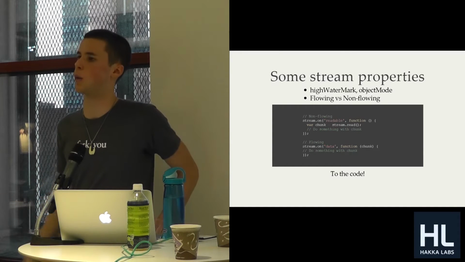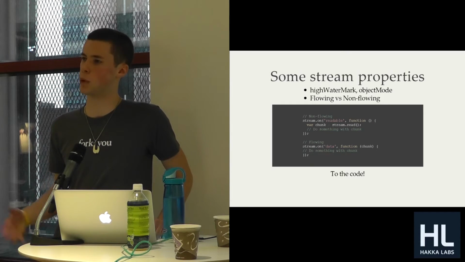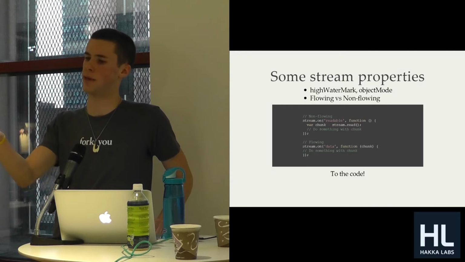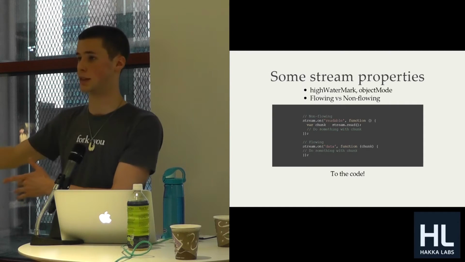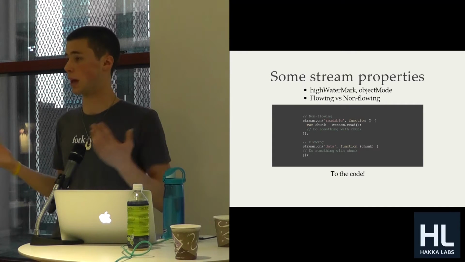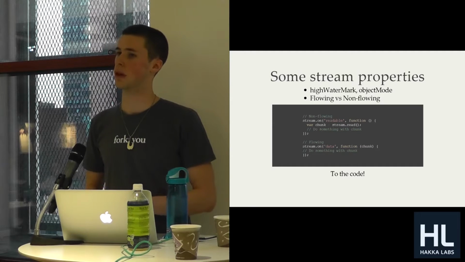Say you set the high watermark to infinity and you pipe a bunch of data to a stream. You can run into that same memory problem, because if you don't keep sending that data somewhere, you can still run your machine out of memory.